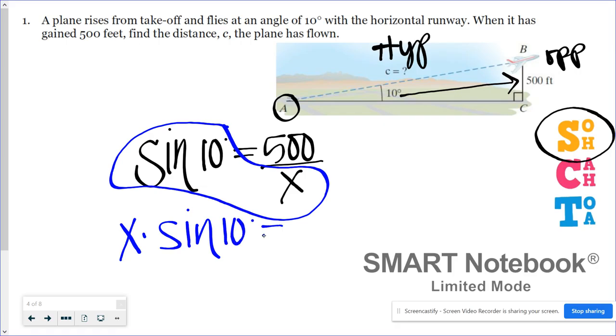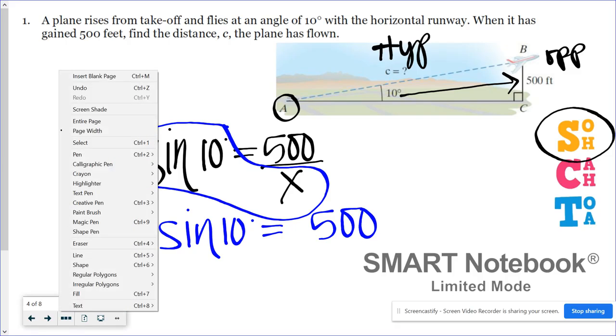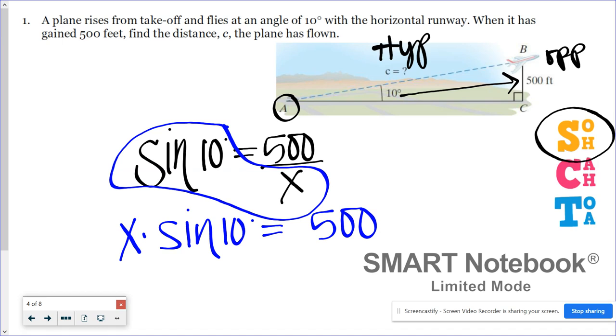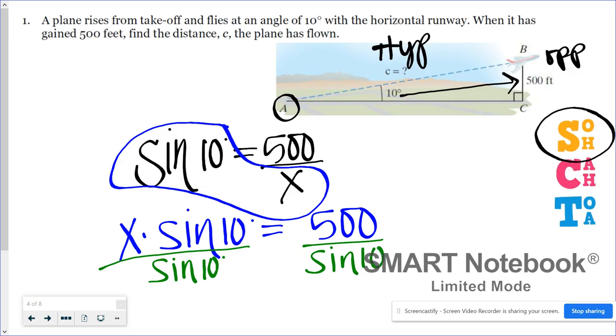And since x isn't entirely all by itself yet, I need to do one more step. I need to do division, because what I have is x times sine of 10 degrees. So if I divide both sides by sine of 10 degrees, I will get x all by itself.